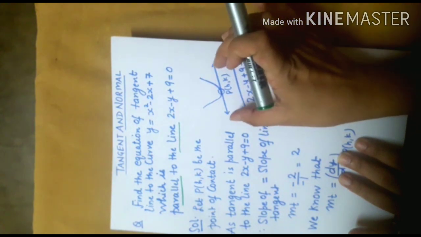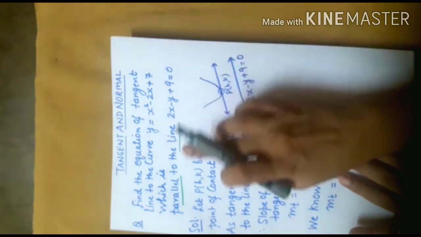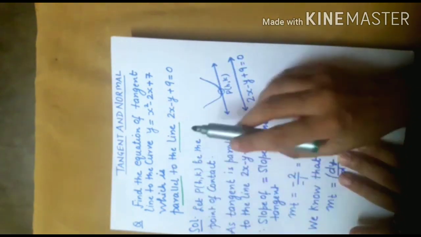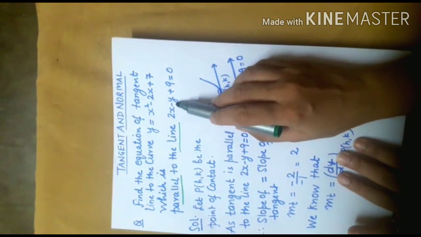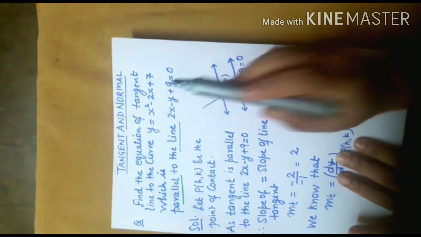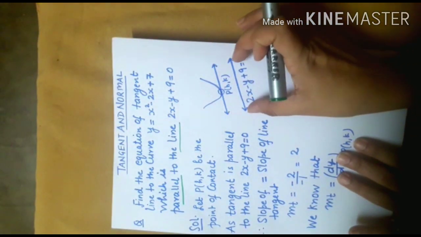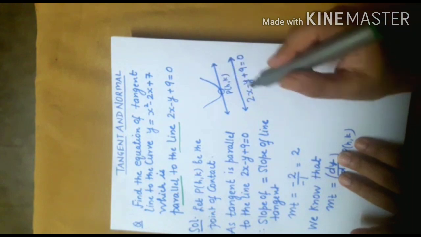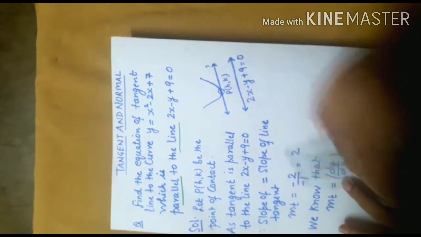I want to find the equation of this tangent, and it is given that this tangent is parallel to the line whose equation is 2x minus y plus 9 equals to 0. So this tangent line is parallel to this line. So I need to find the equation of this tangent line.